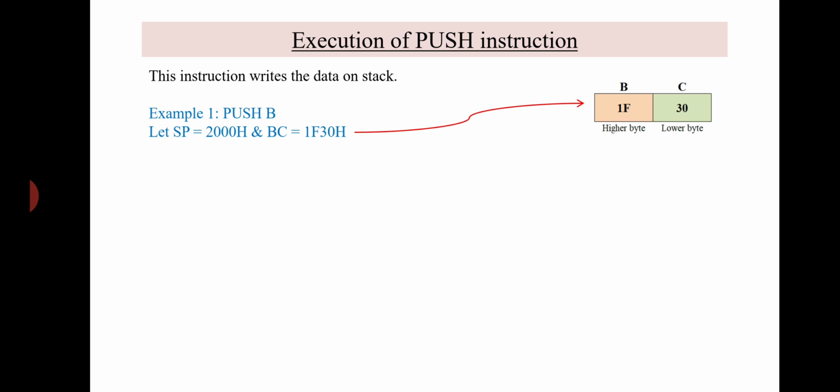This data will be stored in the register pair BC as shown in this diagram. 1F will make up the higher byte and 30 will make up the lower byte of the data.